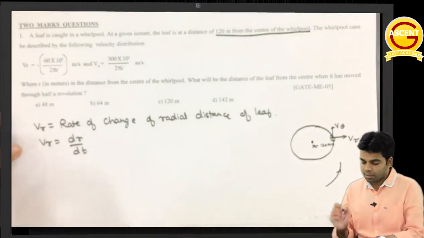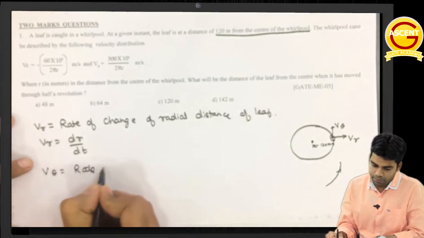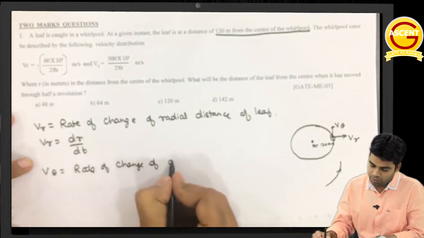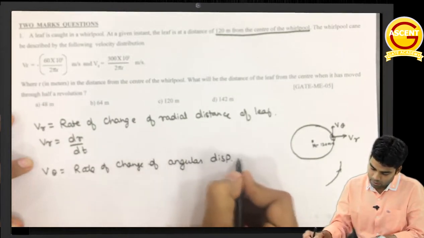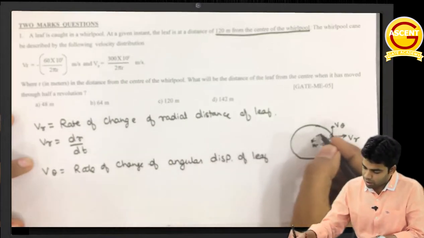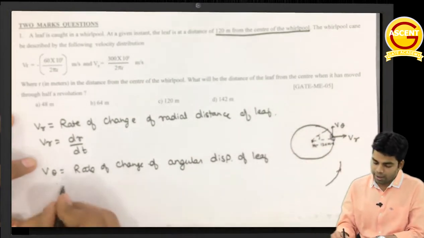Similarly, V theta is nothing but the rate of change of angular displacement of the leaf, that is, how much angular displacement the leaf has per unit time.